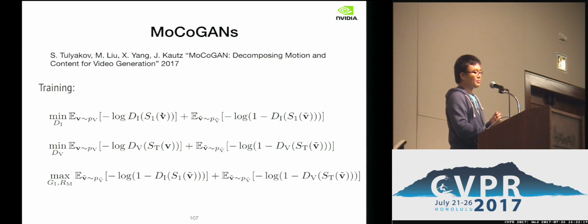For DI, a random frame sampled from a true video clip should be considered true, and a random frame sampled from the generated video clip should be considered false. So this is the objective for DI. For DV, a random clip from a true video should be considered true, and a random clip from a fake one should be considered false. So you have this objective for training DV.